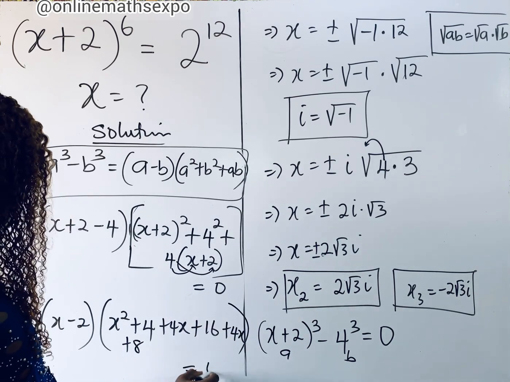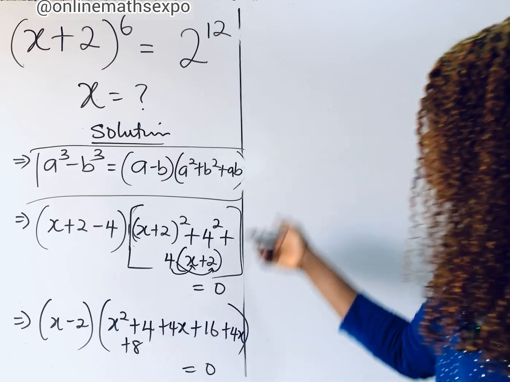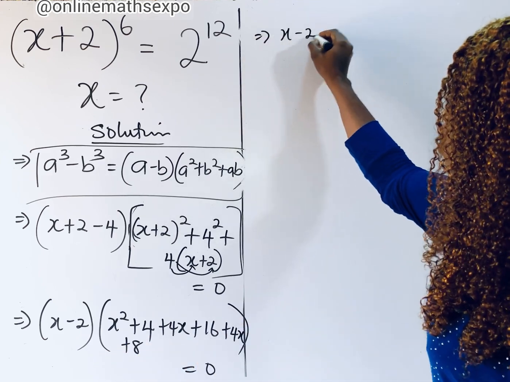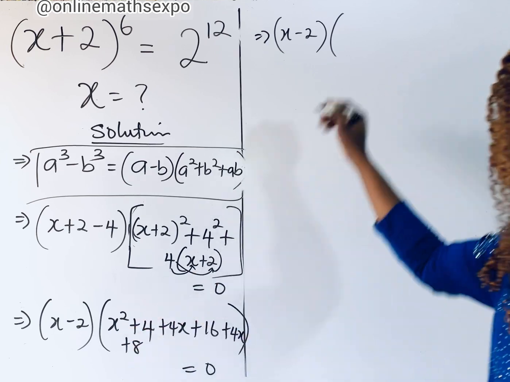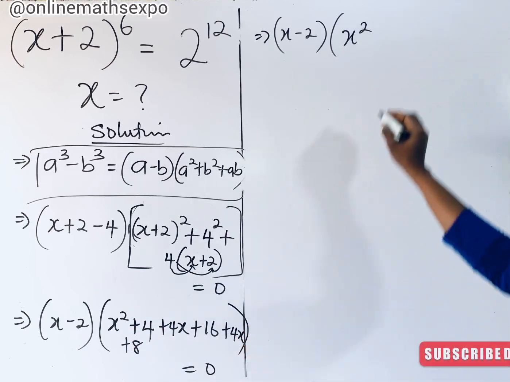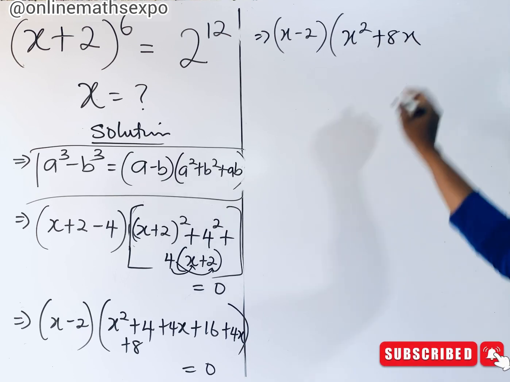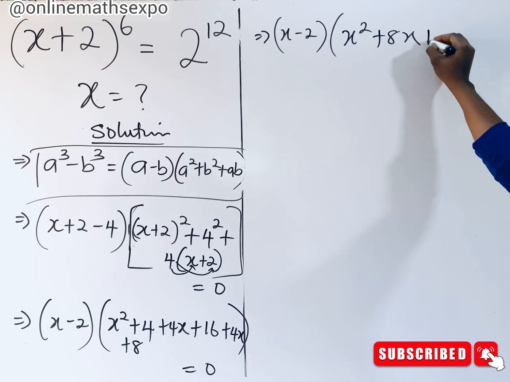And everything is equal to 0. So solving this, we have x minus 2 into, let's simplify this. So we have x squared, then 4x plus 4x will give us 8x. Then 4 plus 16 plus 8 will give us 28.